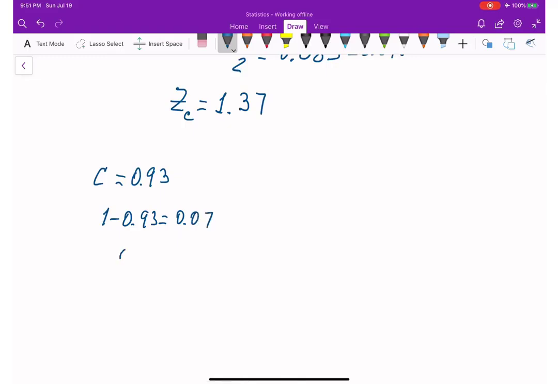And then divide by 2, we get 0.035, which is less than 50%, which means, again, we are going to find it in the negative z-score table.